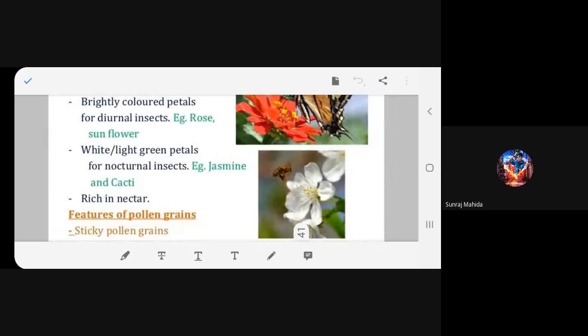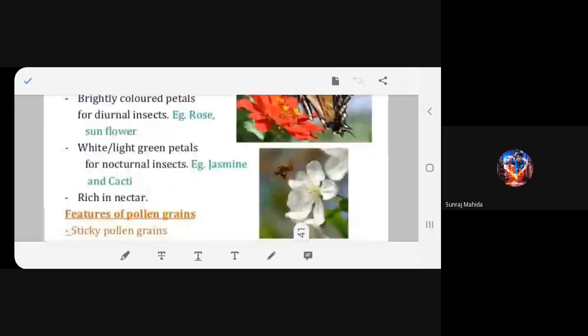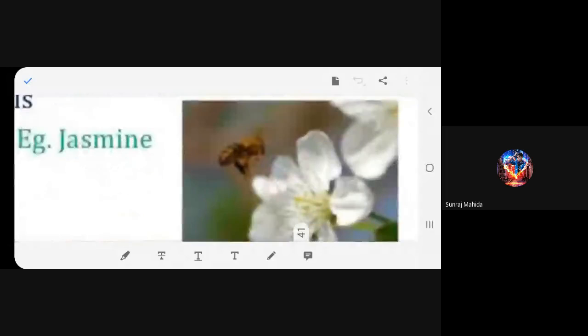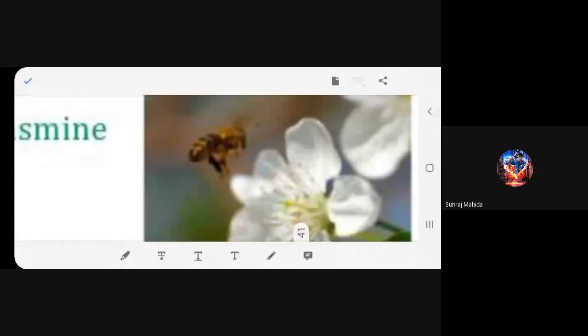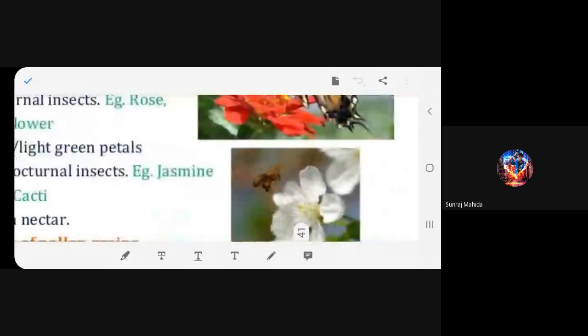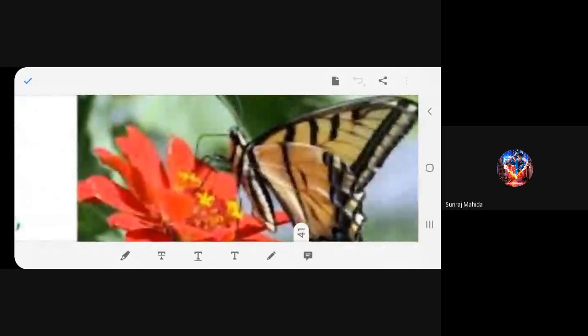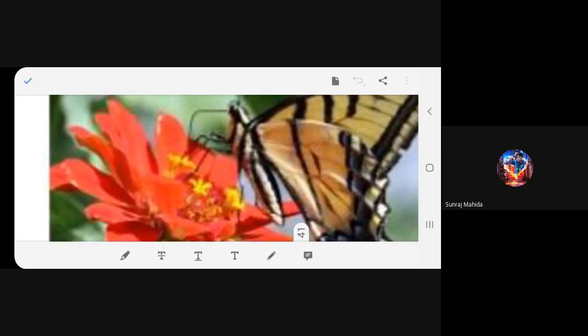They are very rich in sweet smelling juice called nectar, and the pollen grains are sticky. They stick to the wings of the insects. That is the feature. Now you can see over here, white color. This is nocturnal maybe. And over here you can see the butterflies on the brightly colored flower.